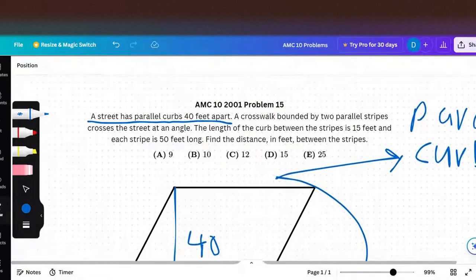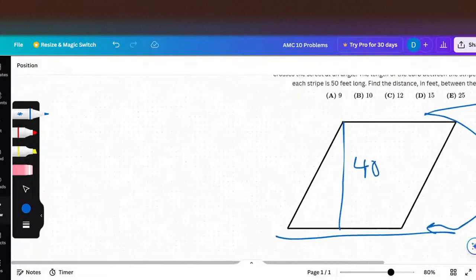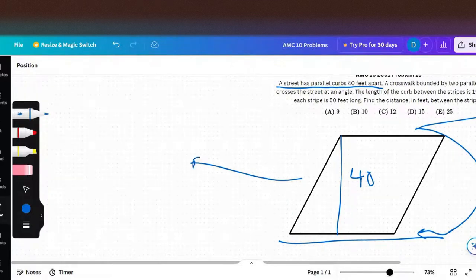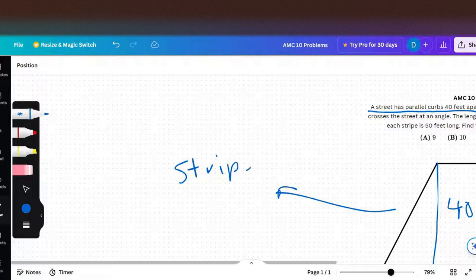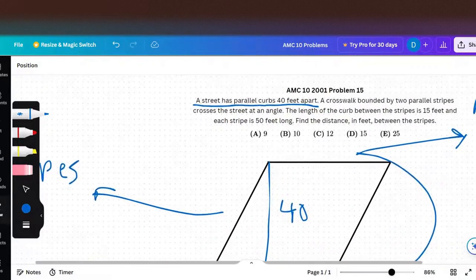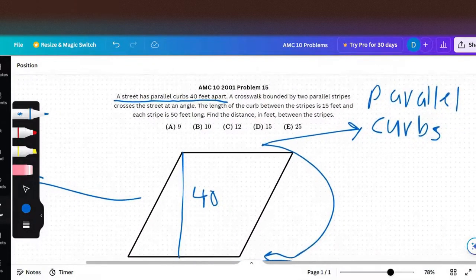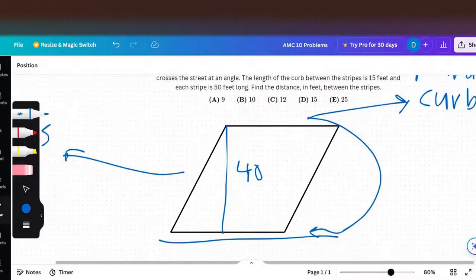The next sentence says, a crosswalk bounded by two parallel stripes crosses the street at an angle. These are the stripes because they cross the street at an angle. And it says, the length of the curb between the stripes is 15 feet, and each stripe is 50 feet long.